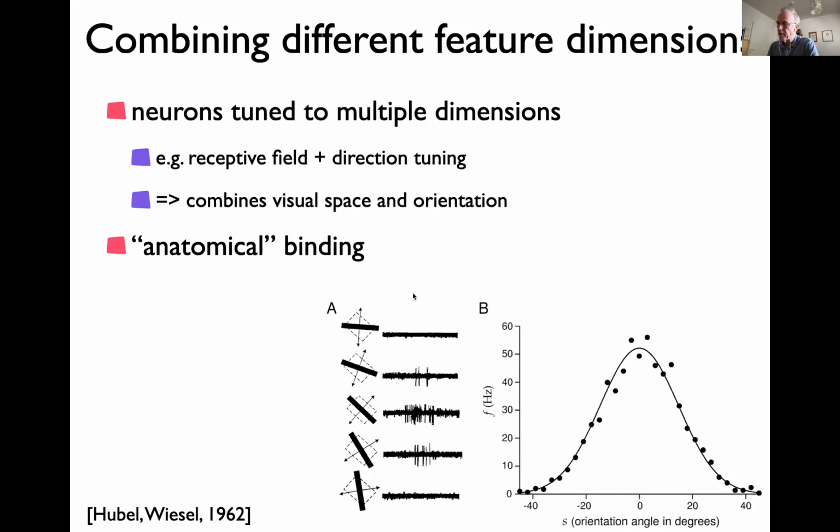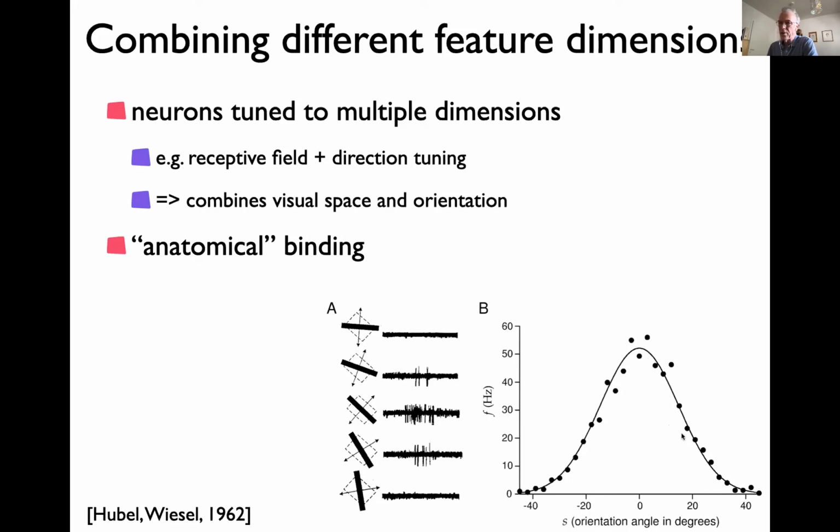Here's a spike, some recording of spike from a neuron. So only stimuli that fall within that region. But then their spiking also depends on other feature dimensions, like here the direction of movement, which is covariant here with the orientation of a line element. So that only for certain orientations, like here, the ones this is centered on, the neuron fires, and for other orientations, it fires much less.